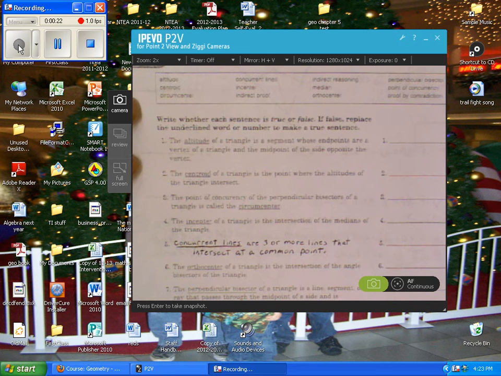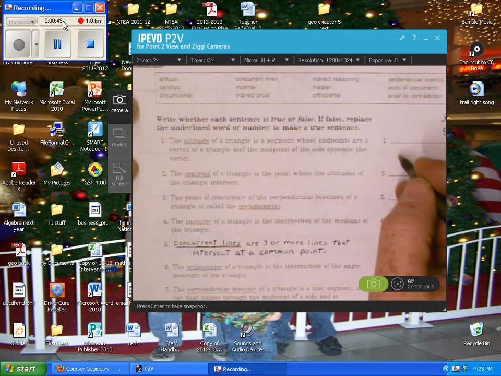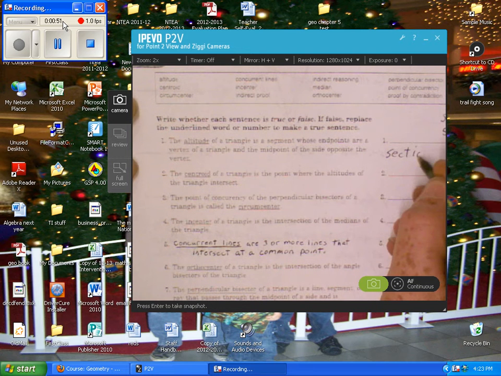The first section, just use chapter 5. Remember, in chapter 5 we only did sections 5.1, 5.2, and 5.4.